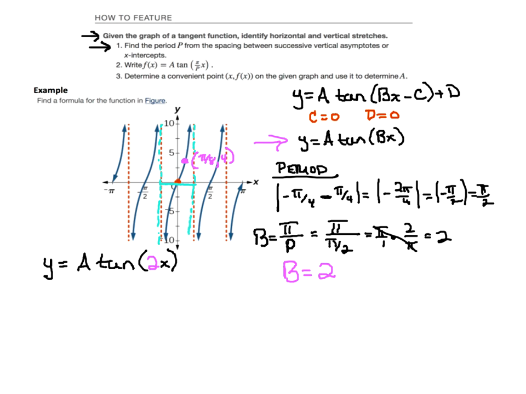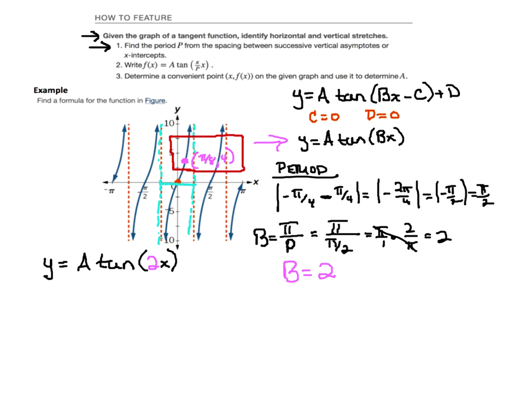If I have one other point, I can solve for A because I can plug that in for x and y. This is why I said at the very beginning, they really should have given us another point that we could know for sure and not have to guess at.